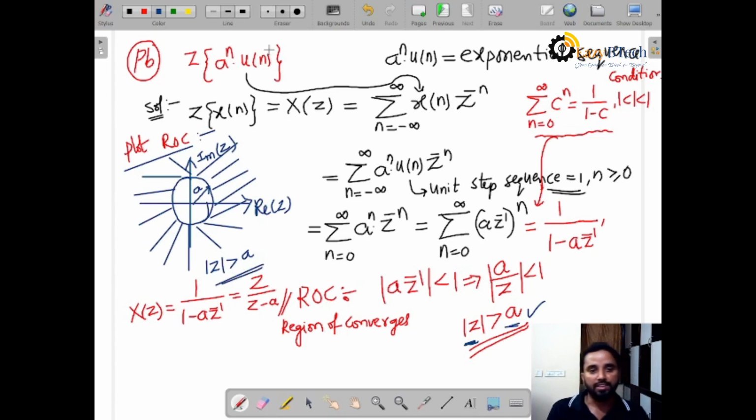Here the given signal is a right-sided signal of infinite duration, because u of n is 1 for n greater than or equal to 0, that means 0 to infinity. So it is a right-sided signal of infinite duration.